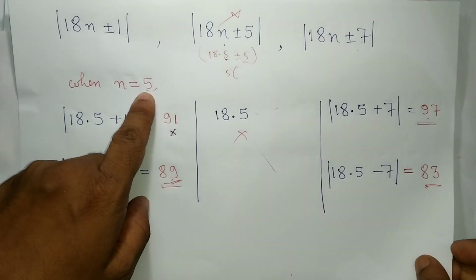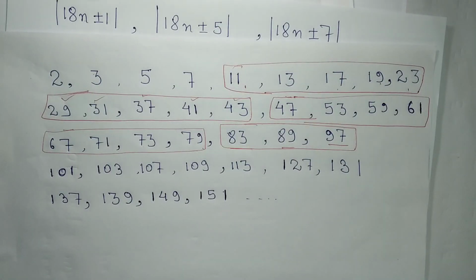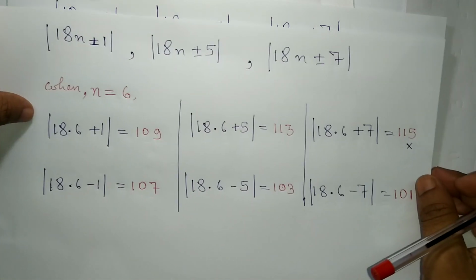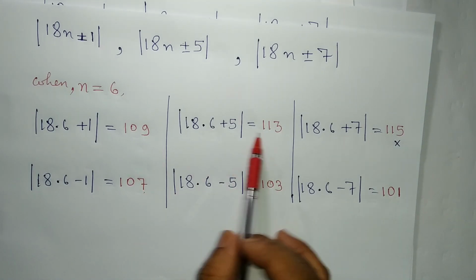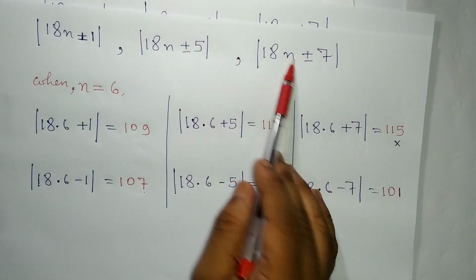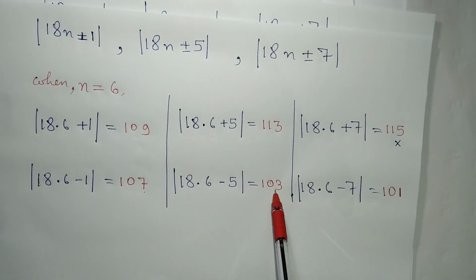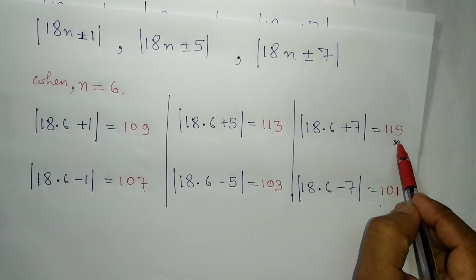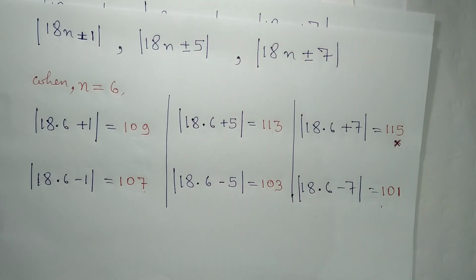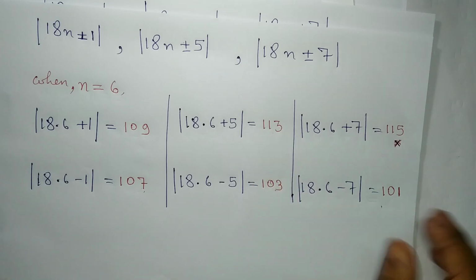And again, if we take n equal to 6, we get 109, 107, 113, 103, 115 and 101. Only 115 is composite, but out of 6 outcomes, 5 are prime.